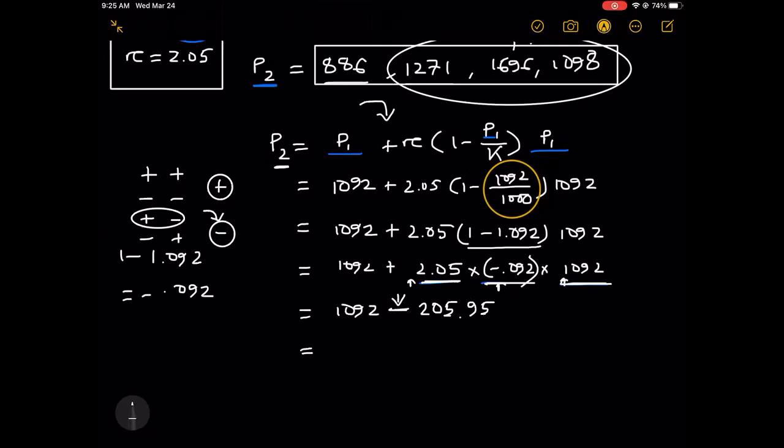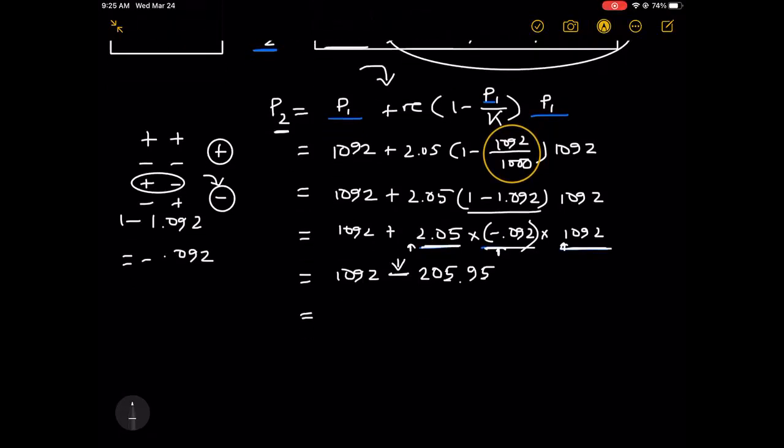Is there anyone who has a different result? So if you subtract it, we'll get 1092 minus 205.95, which gives 886.05. And since it's a population, we can't have fractions.